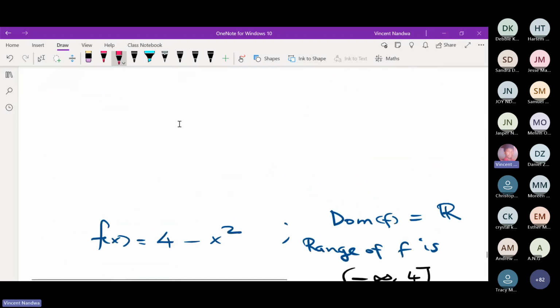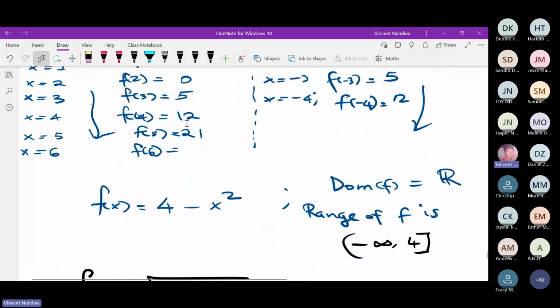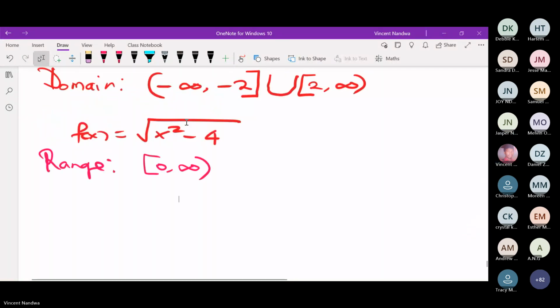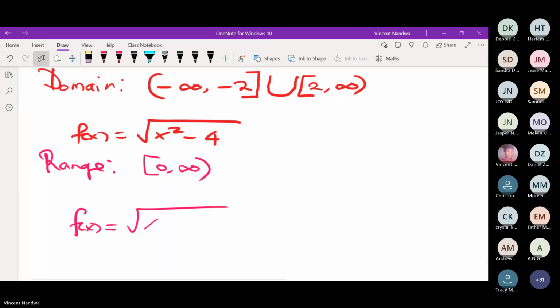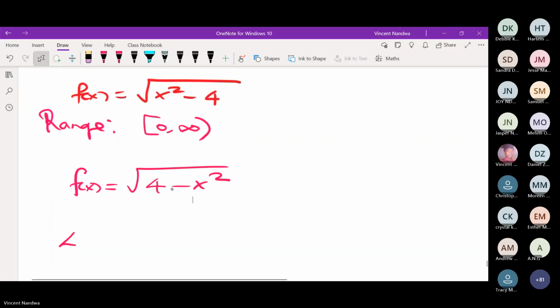Then the other one was the square root of 4 minus x squared. This is still a square root function, and the condition is that 4 minus x squared should be greater than or equal to 0.